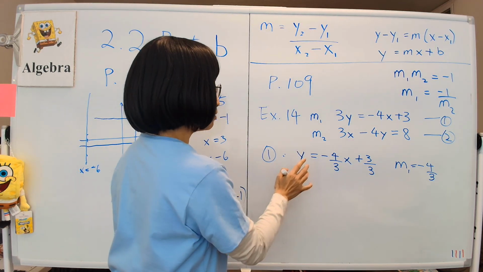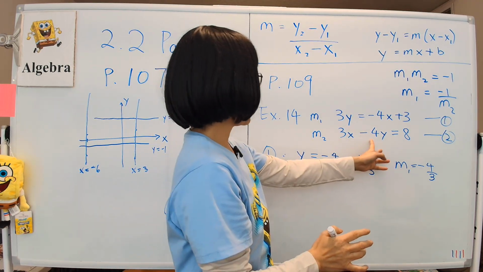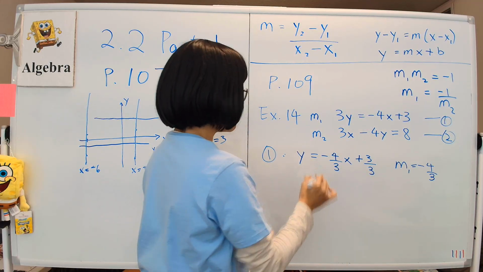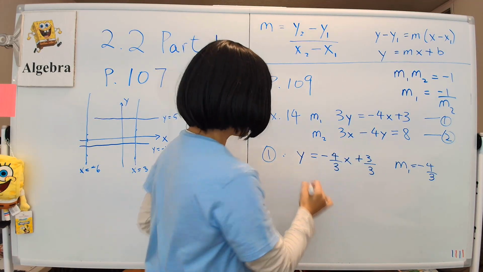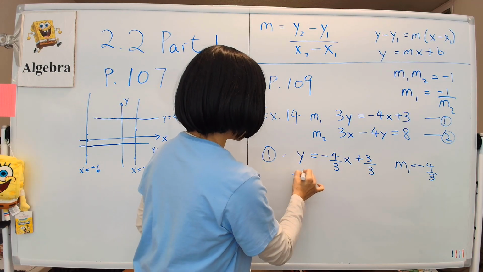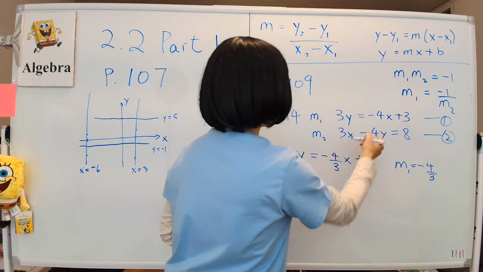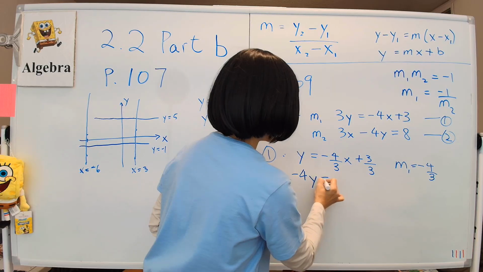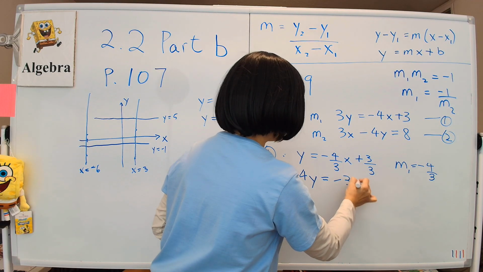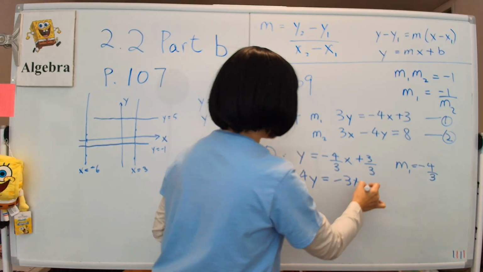Similarly, we'll calculate m2 like this. We'll isolate the y, but first let's rewrite this so it's clearer and less likely to make a mistake. So minus 4y equals, pushing the x to the other side, it becomes negative, minus 3x plus 8.